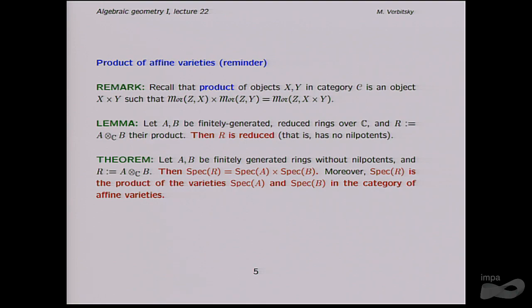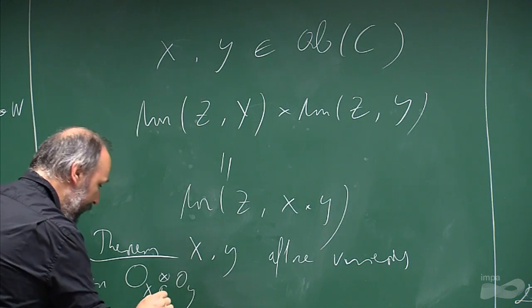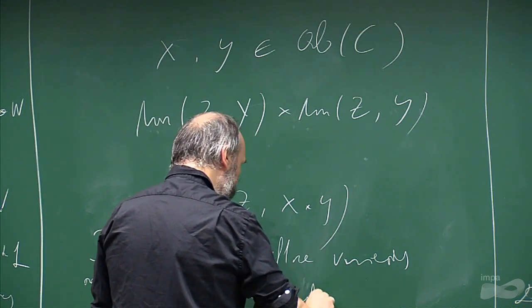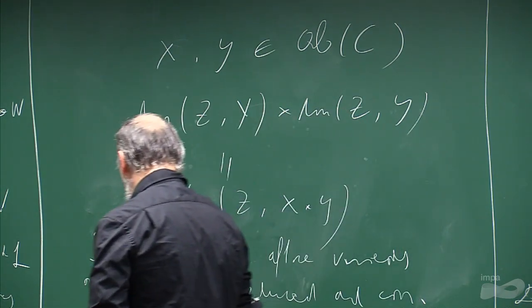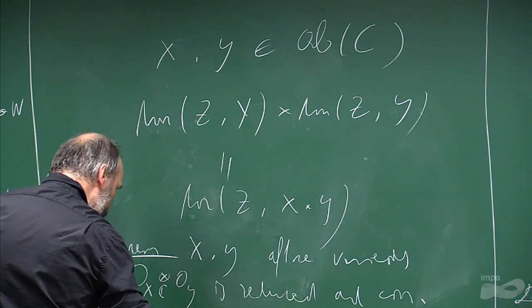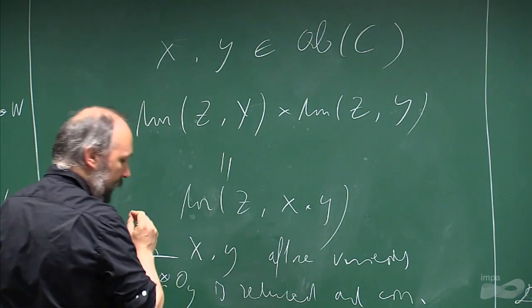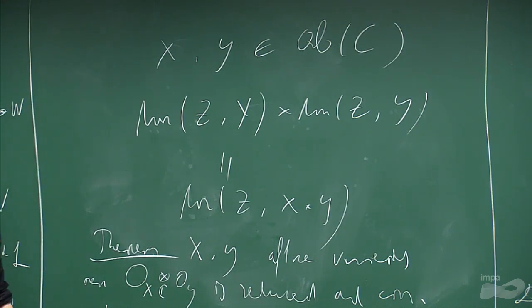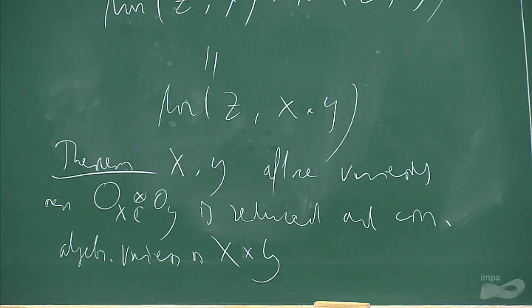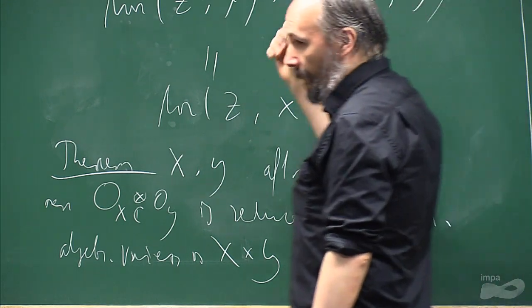There is a theorem, from lecture 9 or so, that if you have X and Y affine varieties, then the tensor product of their rings of regular functions over C is reduced, and the corresponding algebraic variety is X times Y. In both senses: it is a product in the sense of taking products and taking regular functions in some natural way, or it is a product in the sense of this categorical notion.